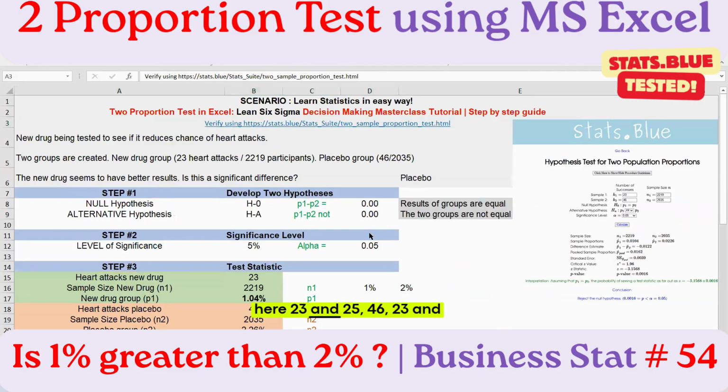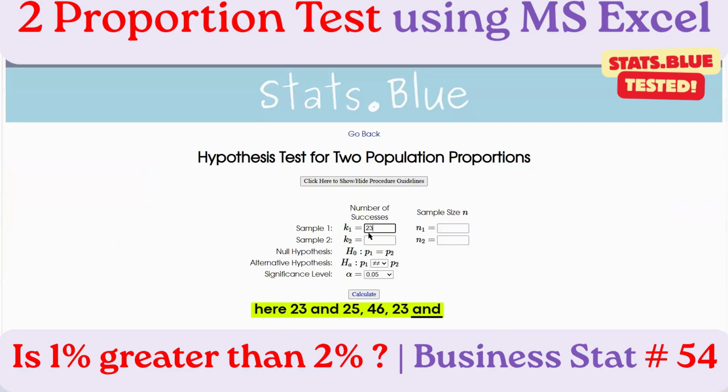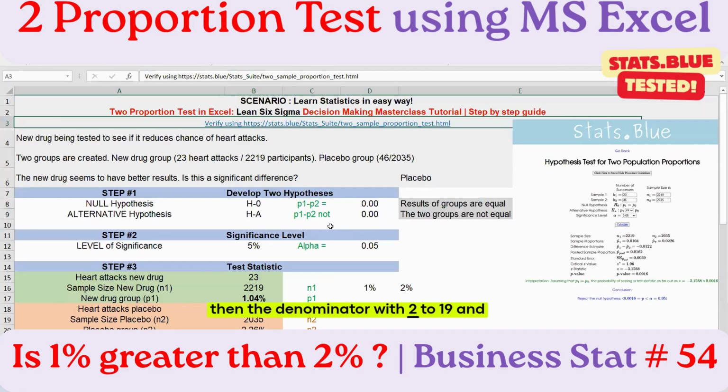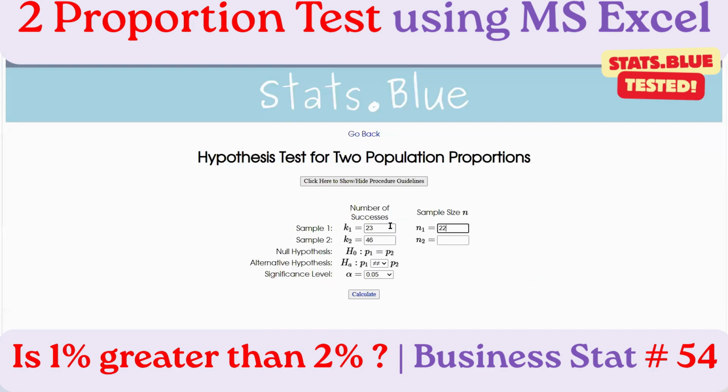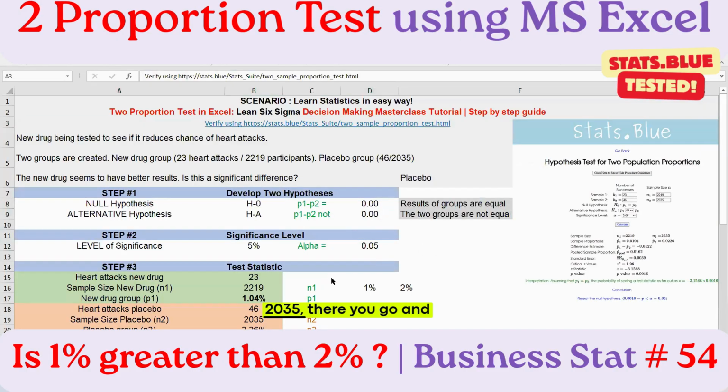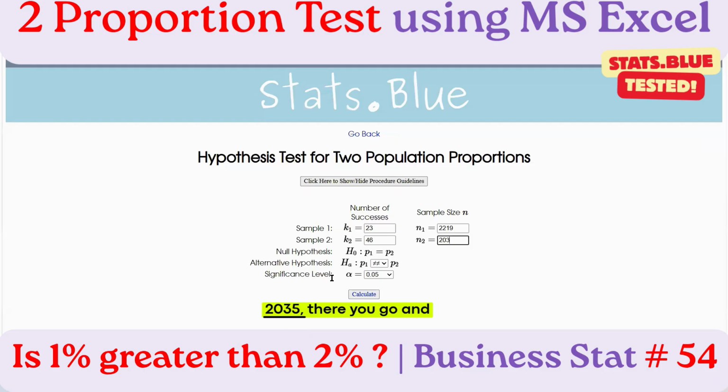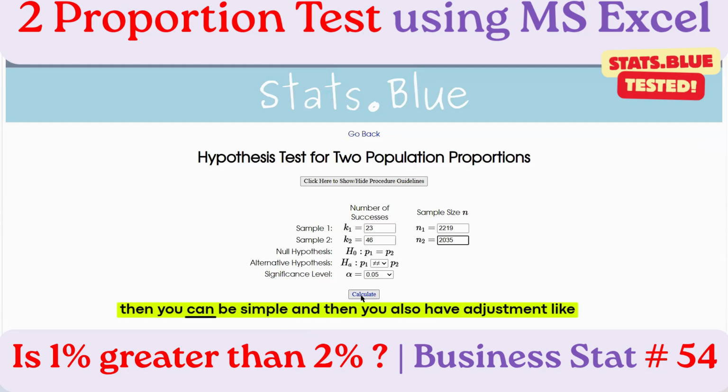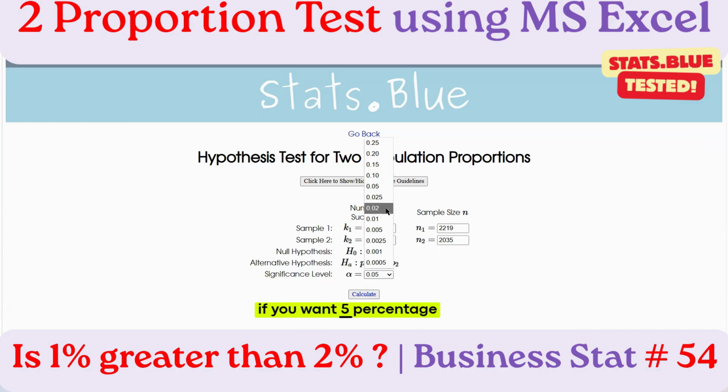So here 23 and 46 for the two proportions, and then the denominators 2219 and 2035. There you go. And then you also have an adjustment: if you want 5% risk you can do that, or if you want 10% you can do that. But I will stick with the 5%.